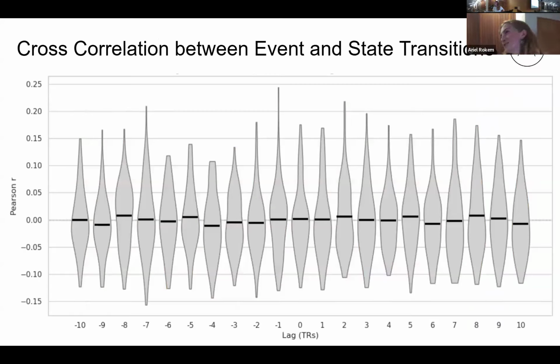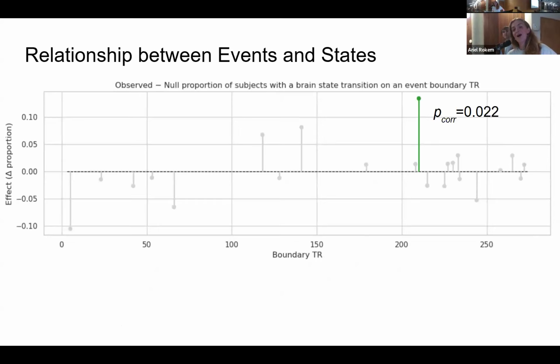And yeah, this next thing didn't work out too well, but we tested between the binary yes, no, is there a brain state transition and is there an event transition? We did cross correlation with different delays to see if there was any correlation between the overall architecture of someone's state transitions and their event boundaries, and there was not.